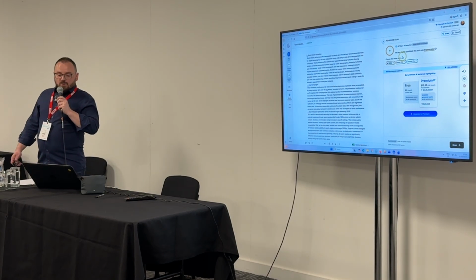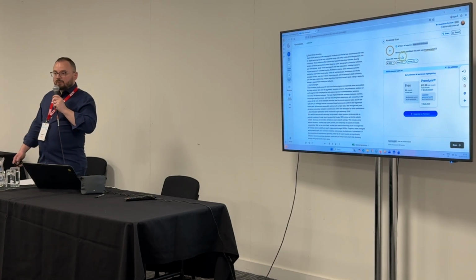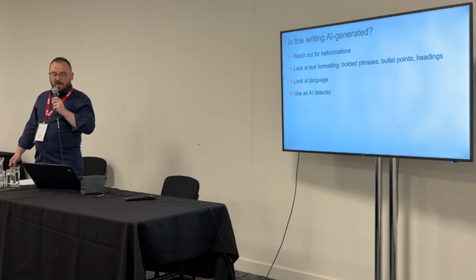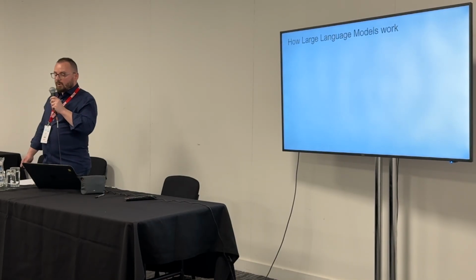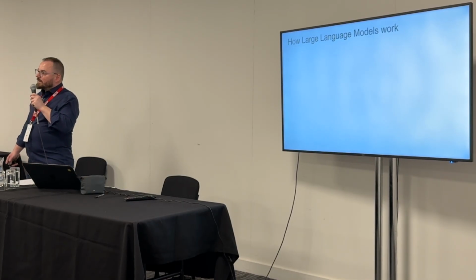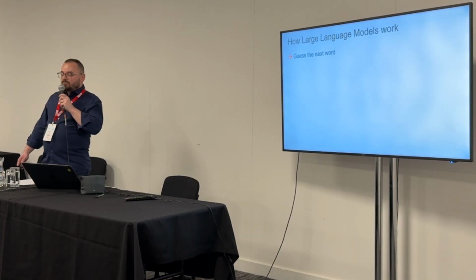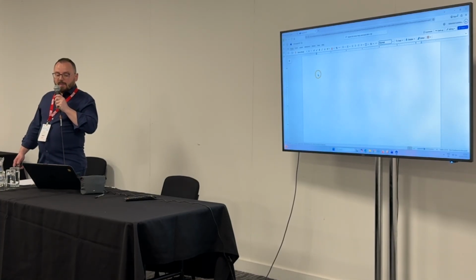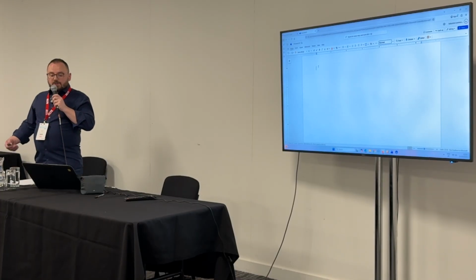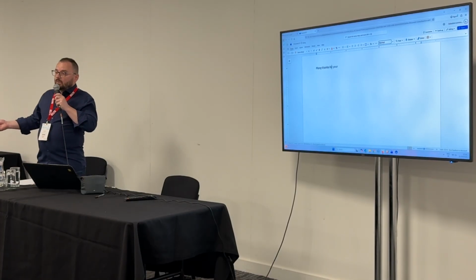Now, GPT-0 and other AI detectors are able to tell me this because they know how large language models work. You might remember the definition I showed earlier, that an LLM is a device that predicts the next word. You might have noticed a version of that in Microsoft Word.